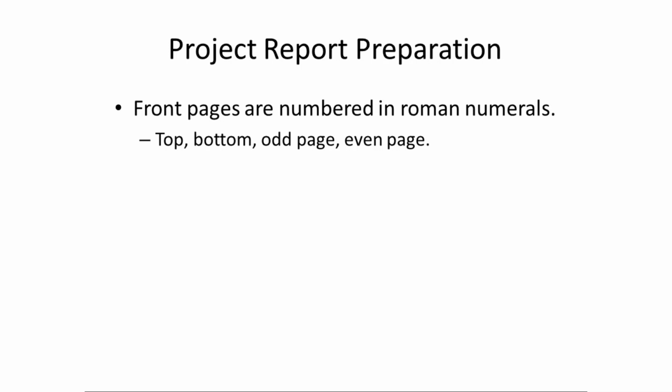And in addition, you also find that front pages are numbered in Roman numerals. Of course, they may be numbered at the top or bottom, or for odd pages on one side and even pages on another side. Of course, our project report is only a one-sided report, so we don't have odd and even pages.